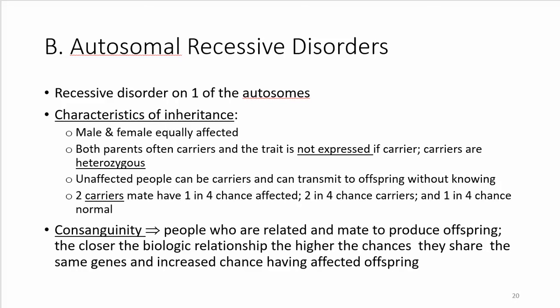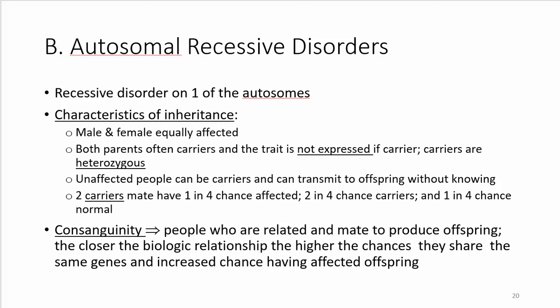Sanguine is blood, so that means sharing blood. So when people are related, the chances that they have the same genes is increased, and so the chances that both parents are carriers can be higher, because carriers run in the family, as it were.